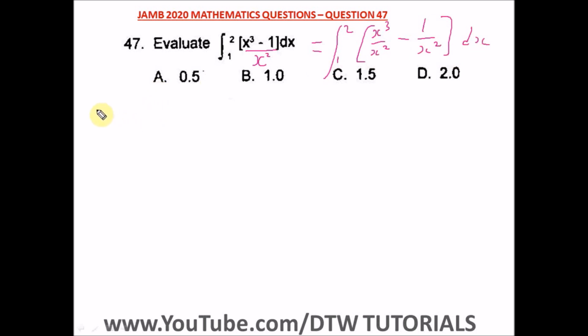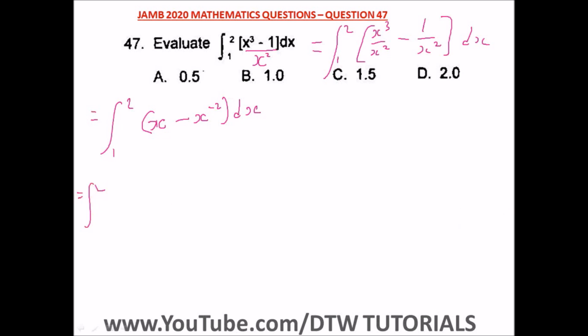So if you agree with me, then you can now say that this is equal to x minus x raised to power minus 2 dx. So we're going to integrate this. So this is integration now rather. So we are doing this.